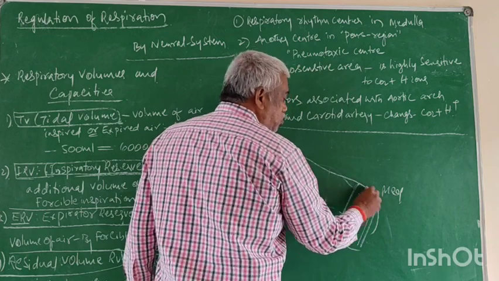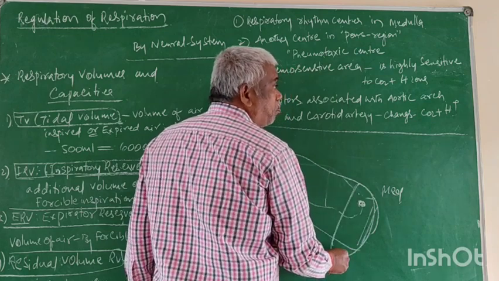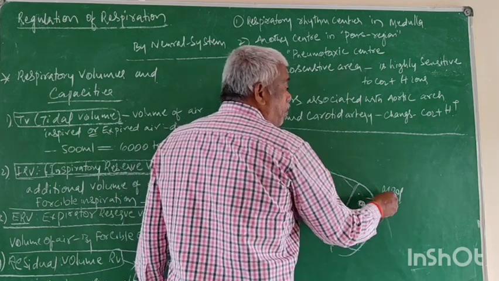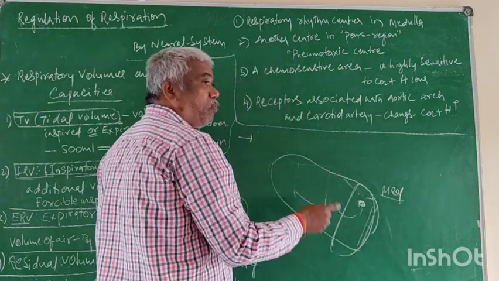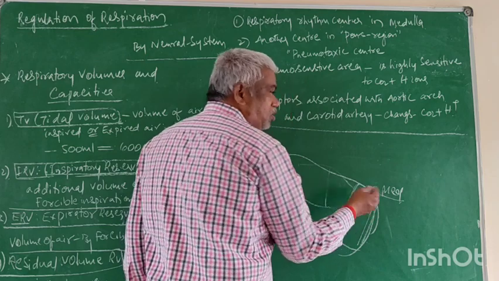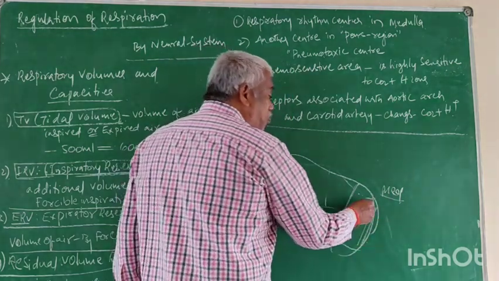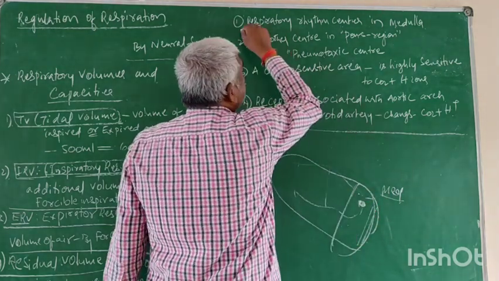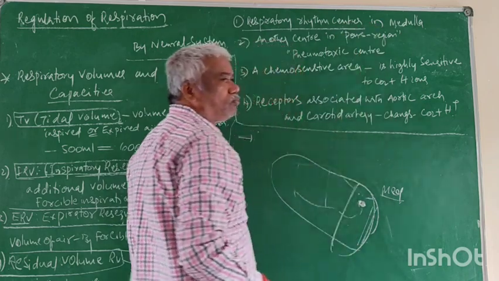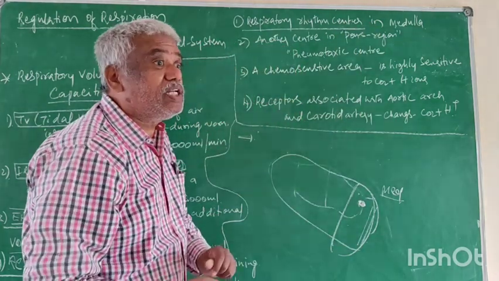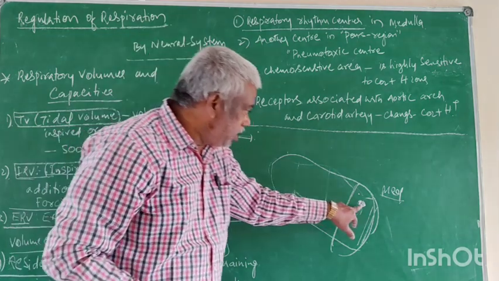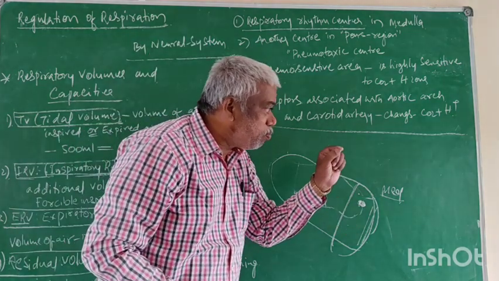This point belongs to which part of the brain? The medulla oblongata. It is a small point within the medulla oblongata.